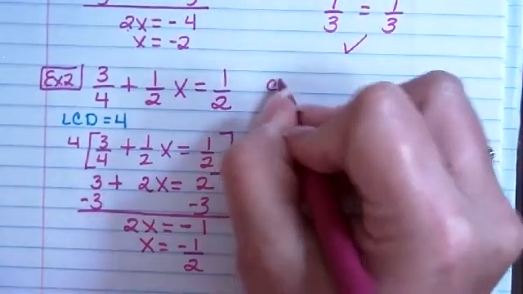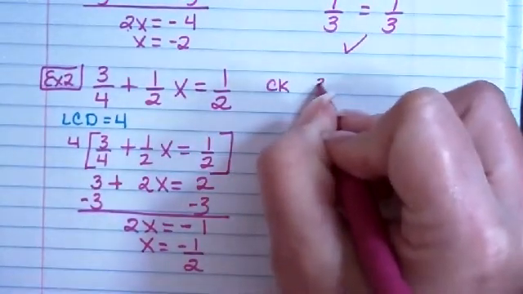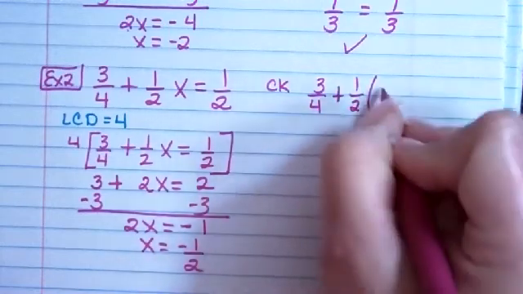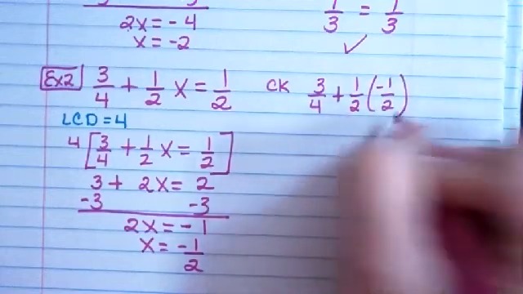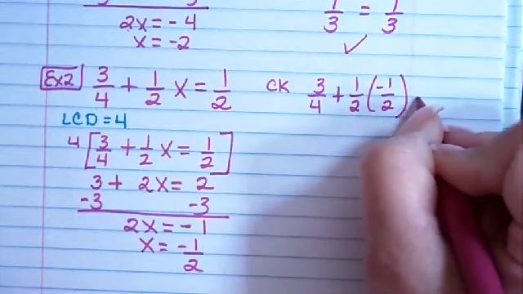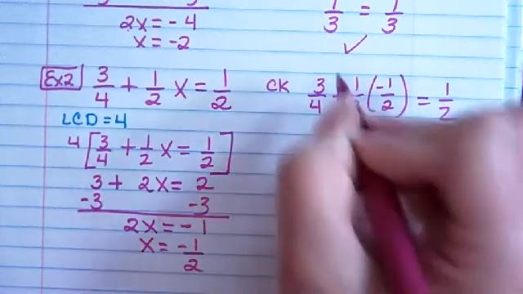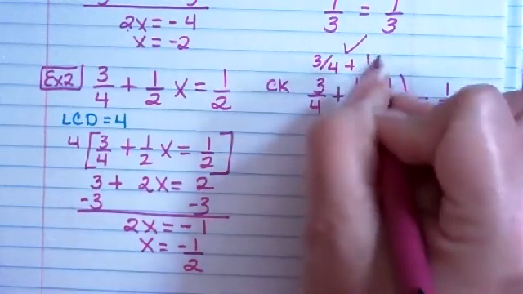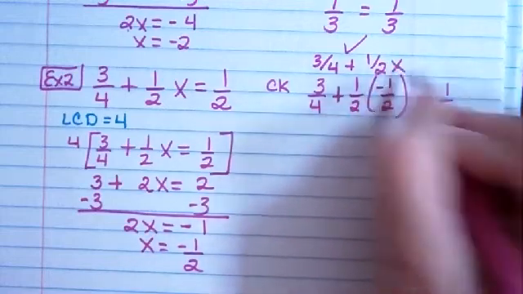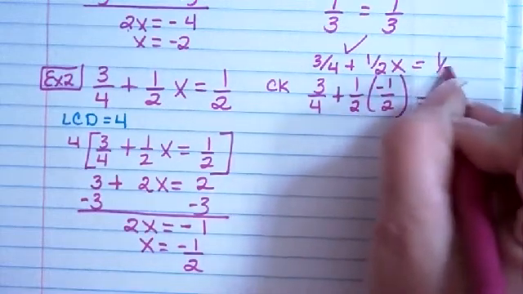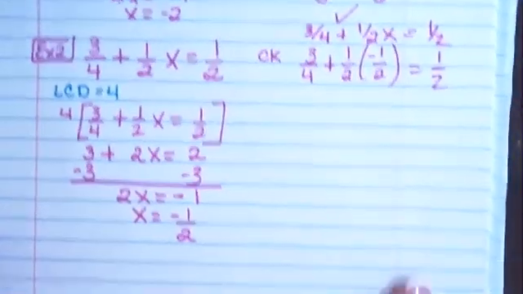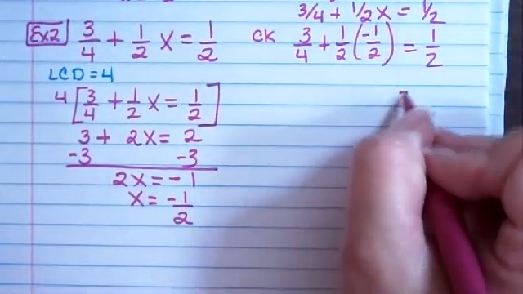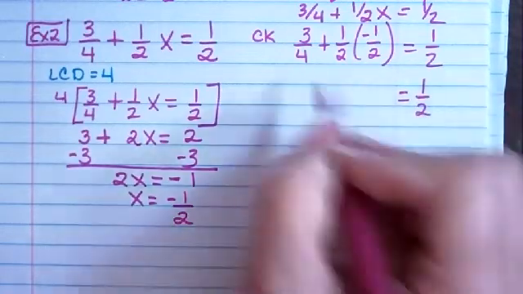Now, if I come over here to check, I've got 3/4 plus 1/2 times -1/2 equal to 1/2. I'm going to back up right here because I forgot to write my original equation down, and we always do that. So I'm just going to squeeze it in right there above it. Okay, now the right side we know is 1/2. Let's work on this left side.